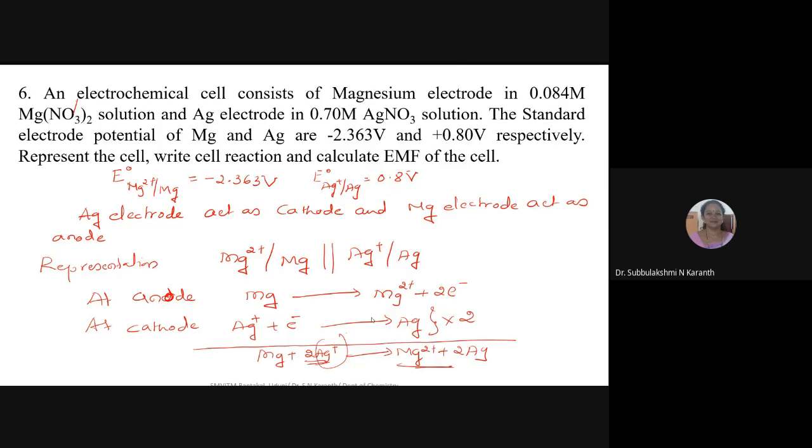And it is better to write the electrolyte concentrations, Mg is 0.084 and silver is 0.7. Then at anode oxidation, Mg gives rise to Mg2 plus 2 electrons. At cathode reduction, Ag plus electron gives rise to Ag. So the net cell reaction is Mg plus 2 Ag plus giving rise to Mg2 plus 2 Ag.